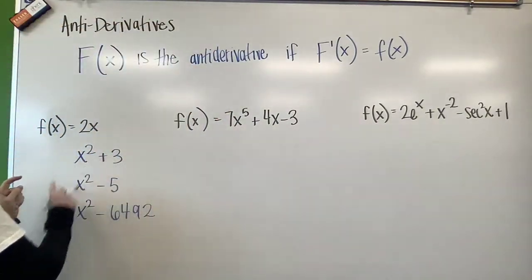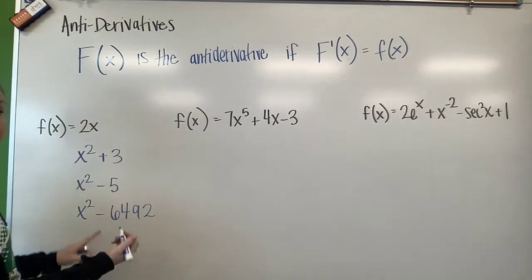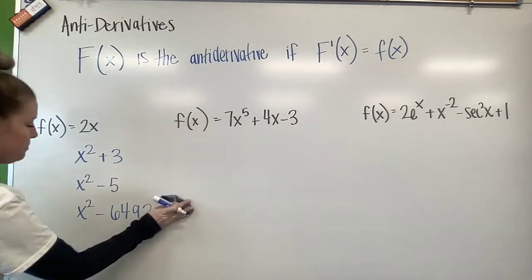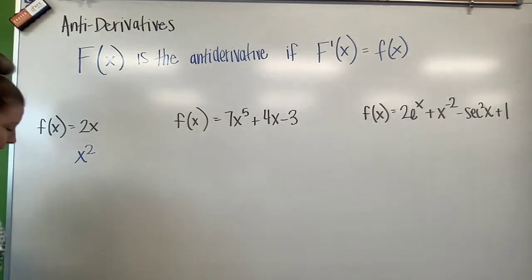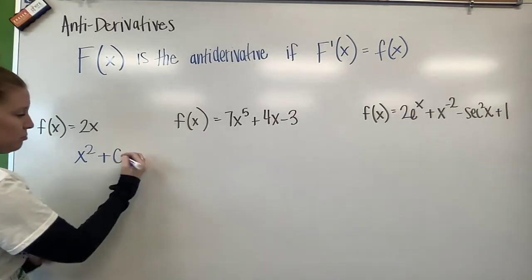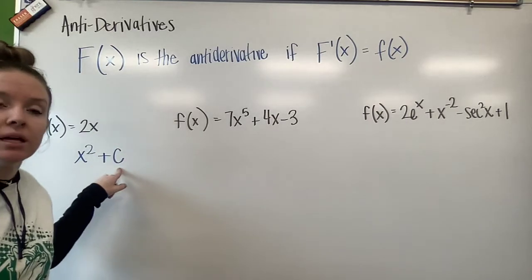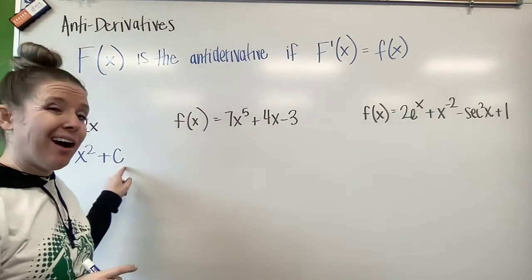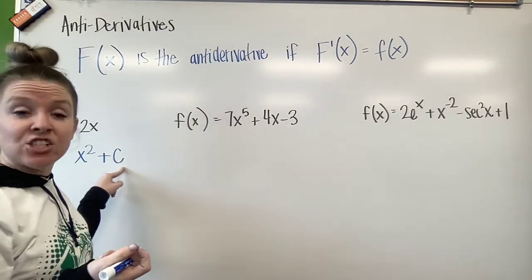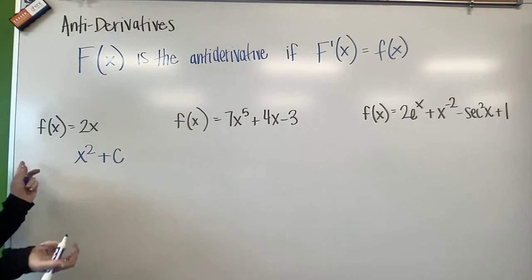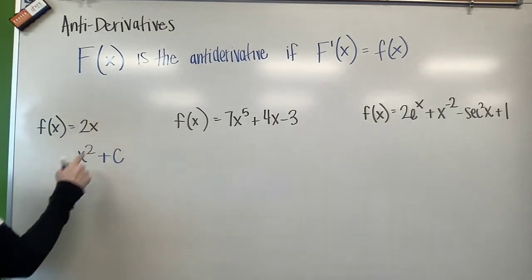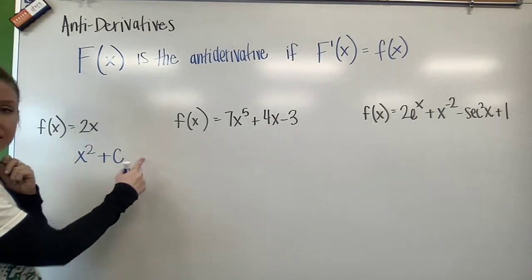So to take care of this issue, we're just going to say our antiderivative is x squared plus some unknown number. In our next video, we'll talk about how we find that number given an initial condition. So in this case, the antiderivative of 2x is x squared plus c.